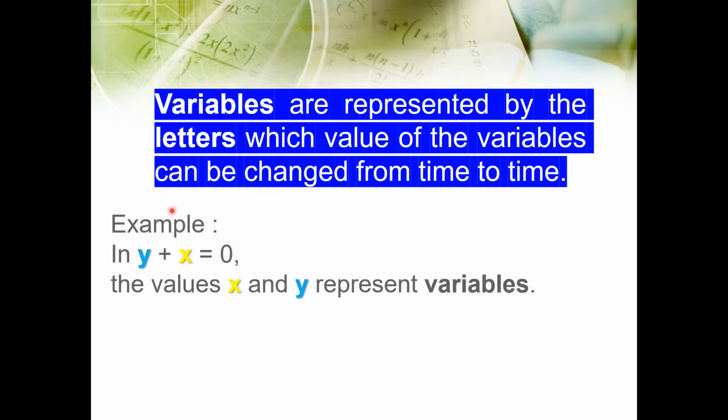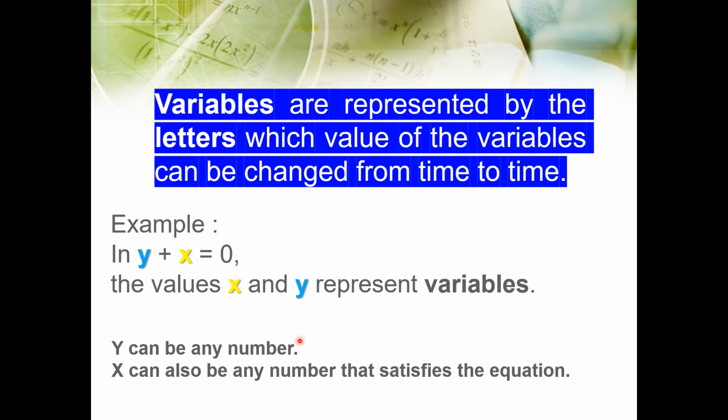For example, in algebra we find y and x. So x, y, and the other letters from A until Z represent variables. So x or y can be any number that satisfies the equation.